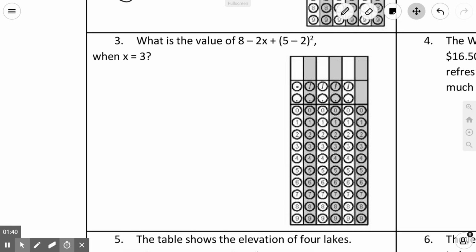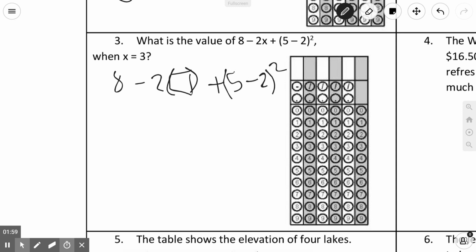Question 3 says, what is the value of 8 minus 2x plus 5 minus 2 squared, where x is 3? So let's write this, 8 minus 2, and instead of an x, I'm going to put parentheses, plus 5 minus 2 squared. In that parentheses, it says x equals 3, so I'm going to put a 3.